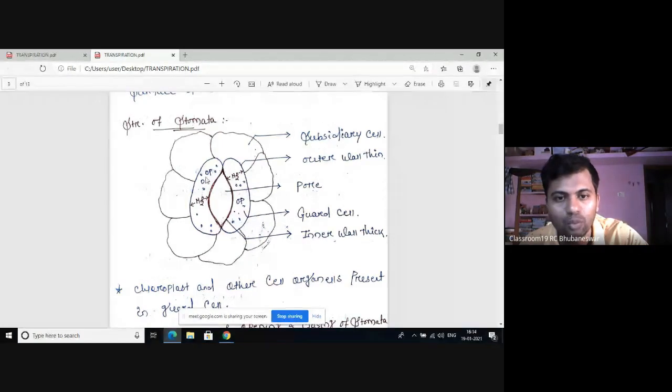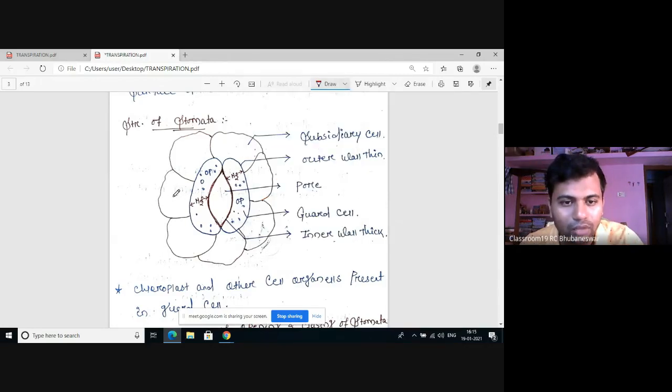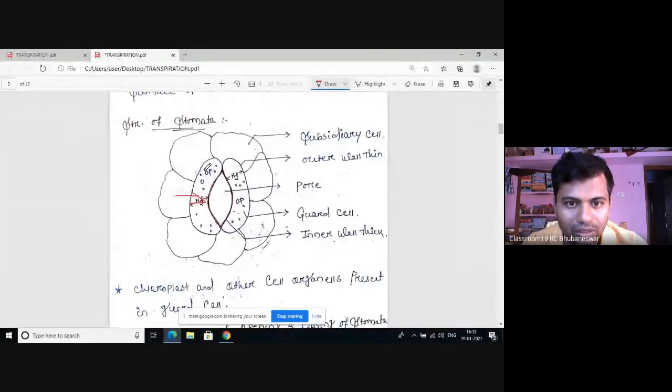When the OP of the guard cell is more than the OP of the subsidiary cell, water from the subsidiary cell will enter into the guard cells, so there is an increase in the turgor pressure of the guard cells. Due to the high water content of the guard cell, a considerable amount of turgor pressure develops, so the two inner walls are pulled apart and the stomata become open. Got this point?